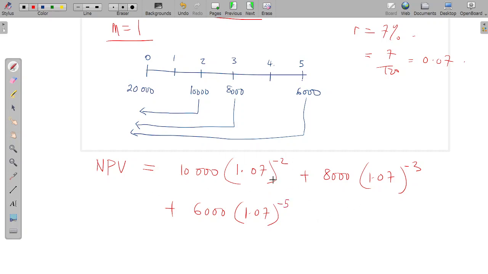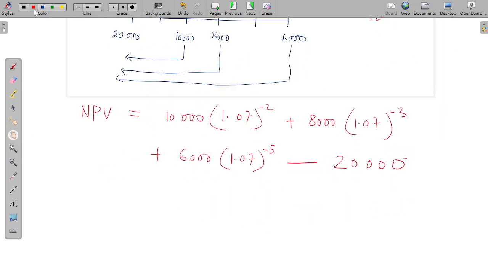Now, these are the sums of the cash flows, then minus our initial investment. So here now, we find this by pressing your calculator, and then you should be getting something like this.